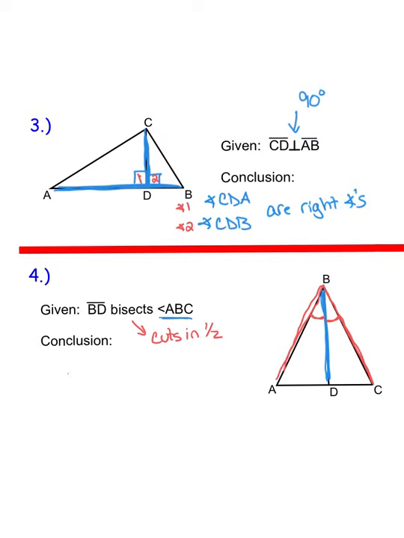So my conclusion could be that angle ABD is congruent to angle CBD. Again, if you struggle with labeling angles with letters, you can cheat and call that 1 and that 2, and you can say angle 1 is congruent to angle 2.